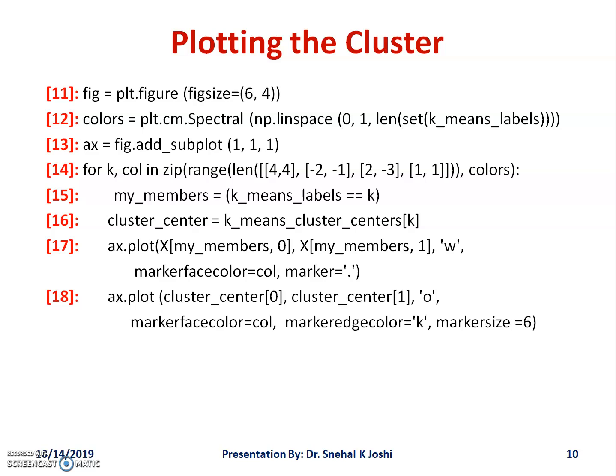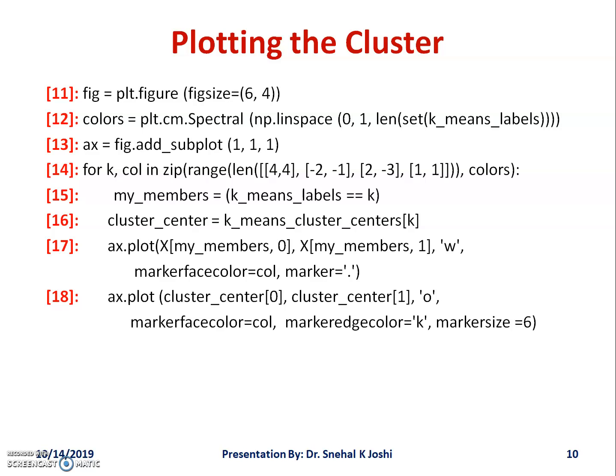It will execute the loop 4 times and create a list of all data points that belong to a specific cluster. It will label it as true if the data point belongs to the specific cluster for each iteration, otherwise, it will label it as false. Hence, a data point wise list will be generated for each cluster as shown in line 15, which is part of the loop.